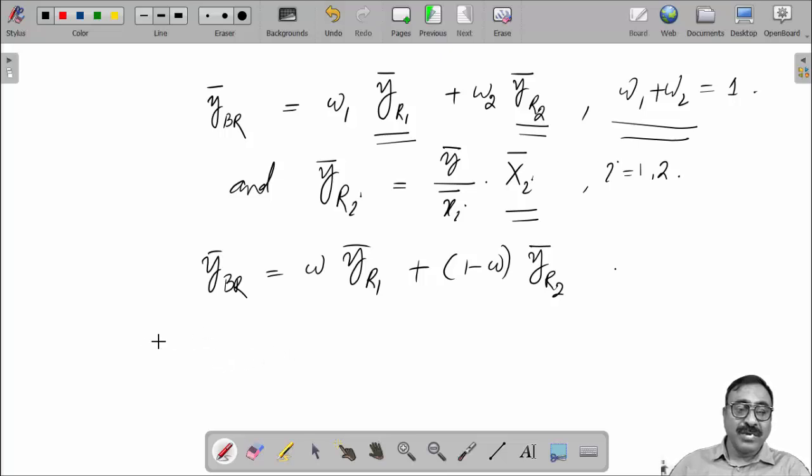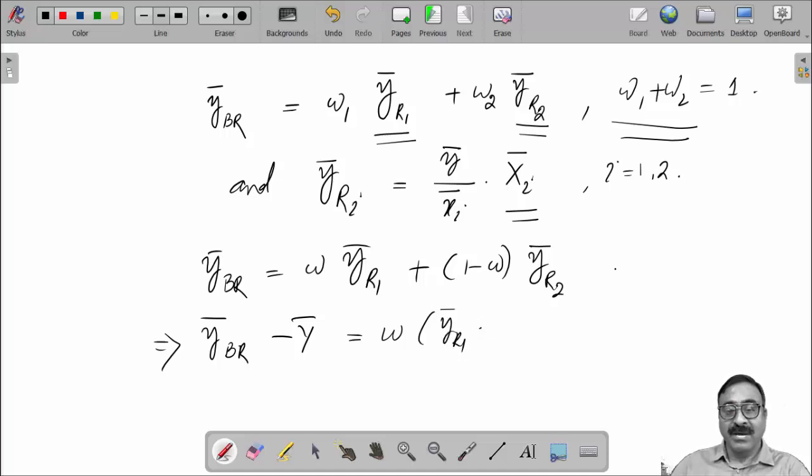So now we consider y_BR bar minus Y bar equal to w times y_R1 bar minus Y bar plus 1 minus w times y_R2 bar minus Y bar.